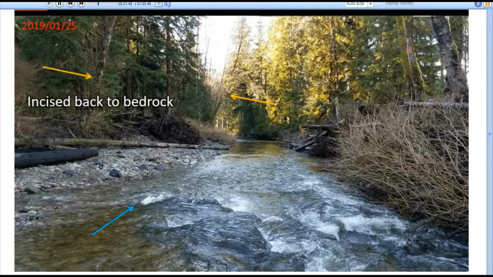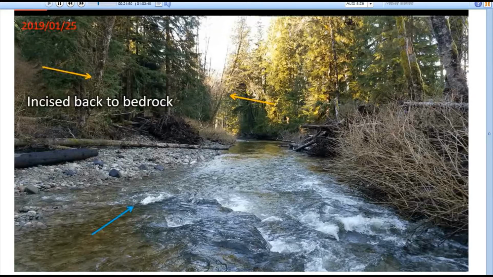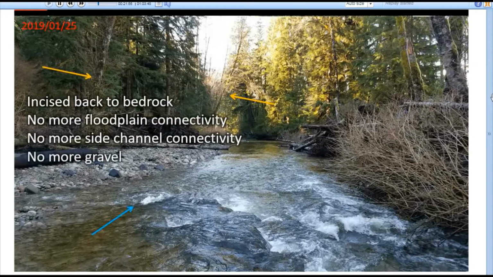It incised back down to bedrock. It transported out all of that fine sediment that this restoration was capturing. There was no more floodplain connectivity, no more side channel connectivity, no more of this fine sediment for fish, and of course much less wood. So by and large, Hearst Creek was pretty much reset back to its pre-restoration condition.